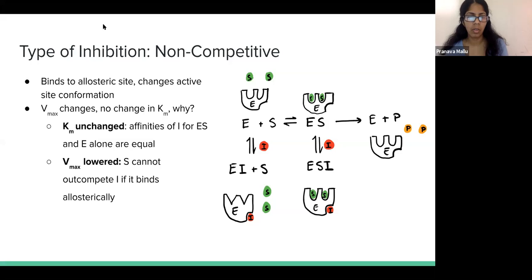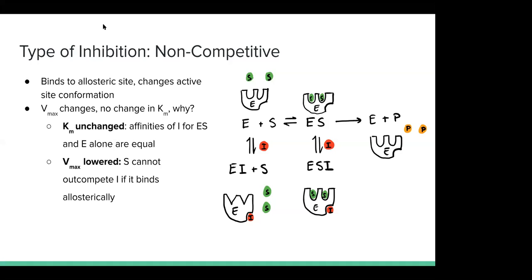Which part did you want to explain differently, Ashley? Why Km is unchanged. So think about what Km tells you. Km tells you about substrate binding to the enzyme.